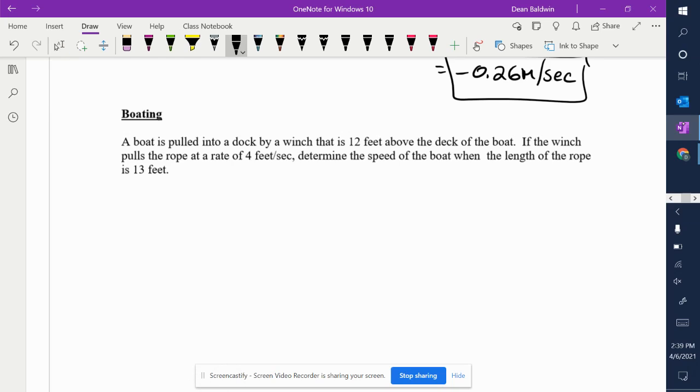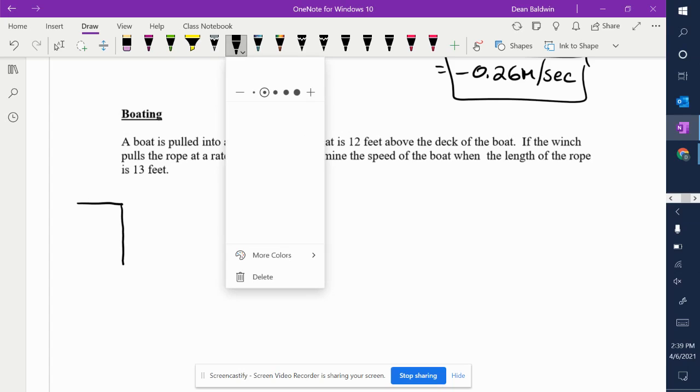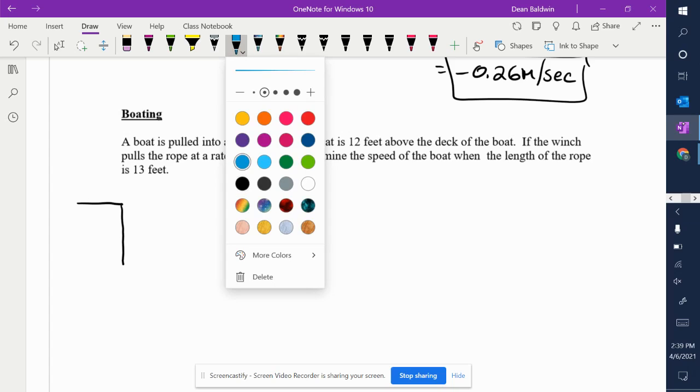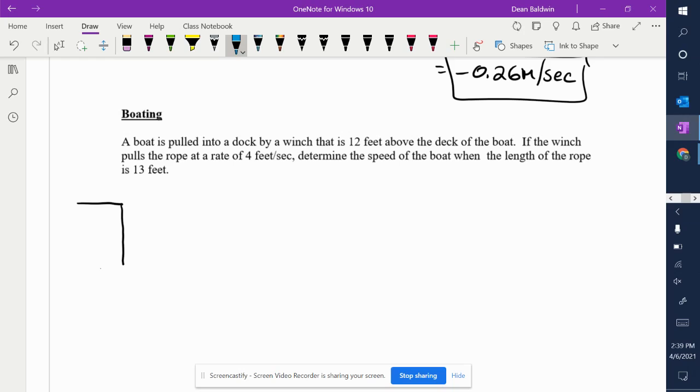All right, we're drawing a picture. Again, I can use different colors. Blue for water. I know. Look at my boat. My boats are awesome. Look at this.